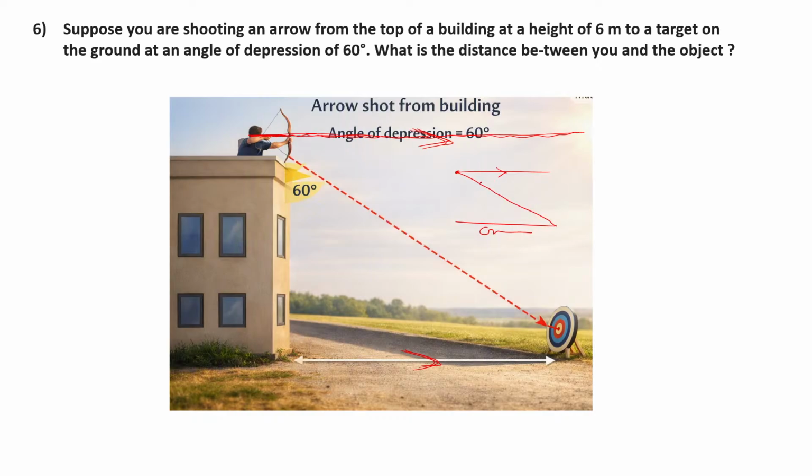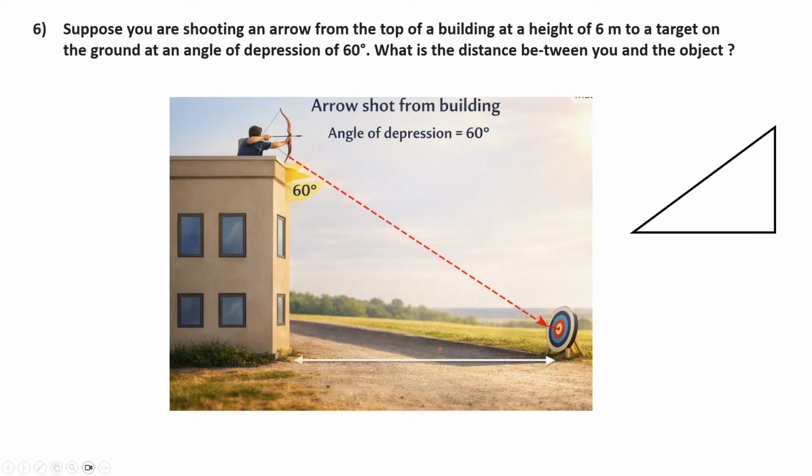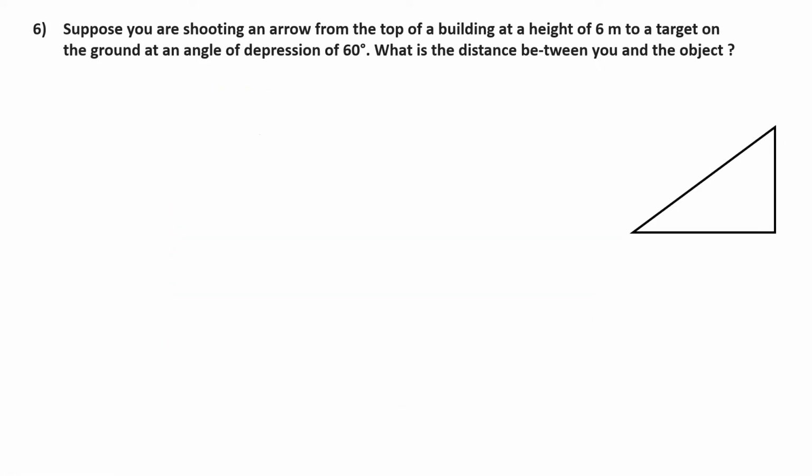The angle between the line of sight and the horizontal is the angle of depression. I hope you have understood this clearly. We'll take an imaginary diagram like this.